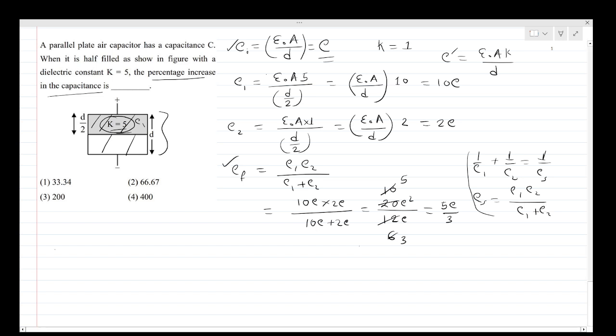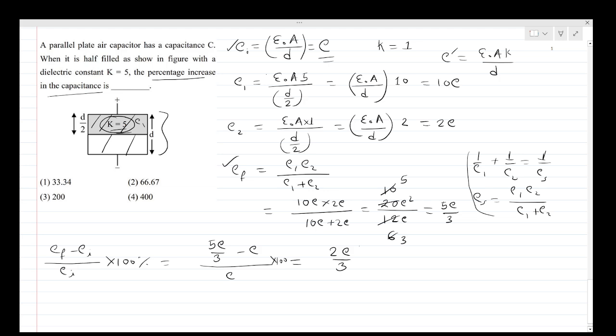Then as we know that percentage can be written as Cf minus Ci by Ci into 100 as a percentage. Then we know that Cf equals to 5C by 3 minus Ci, which is nothing but the capacitance C. For the simplicity, we have taken it as C, then you can write 2C by 3 by C into 100.